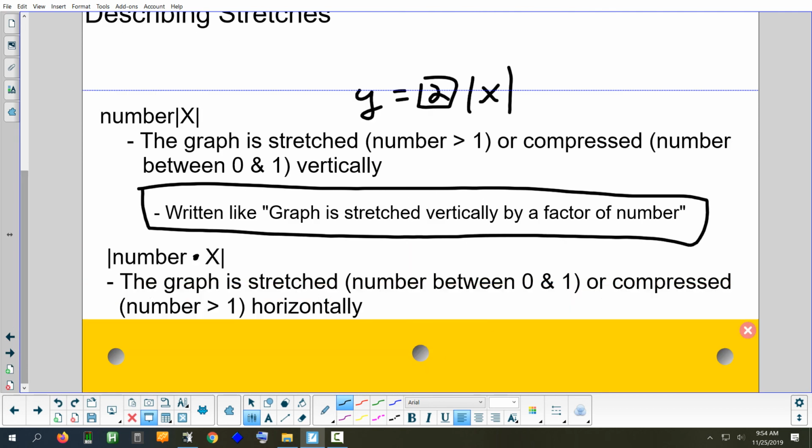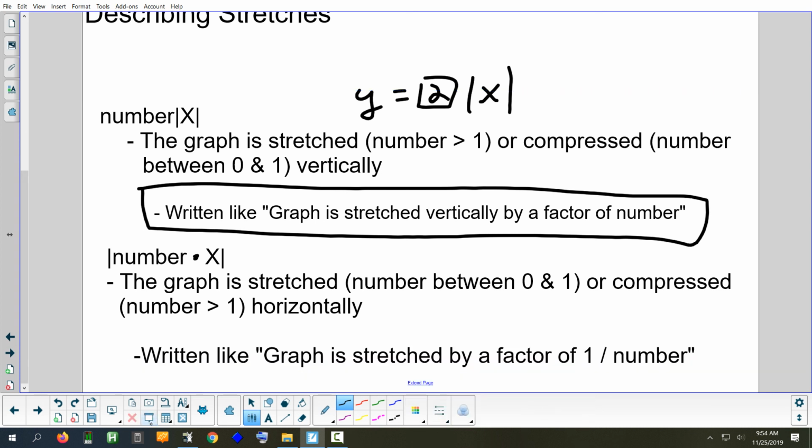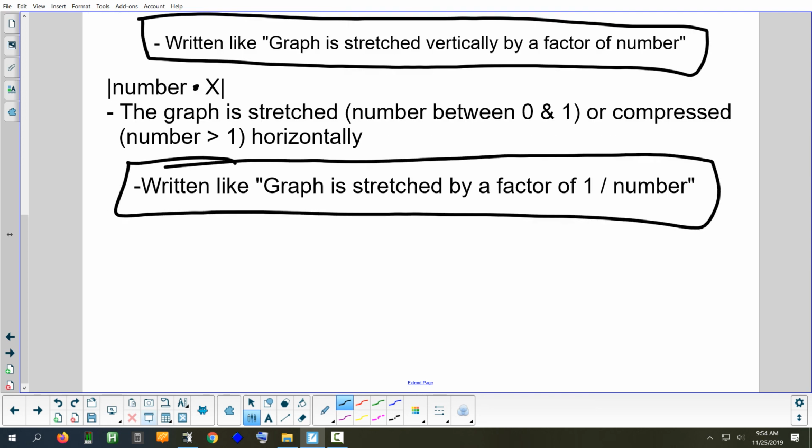So we want to describe a horizontal stretch. This is what you want to write down on your guided notes. That's the most important thing that's in that box.